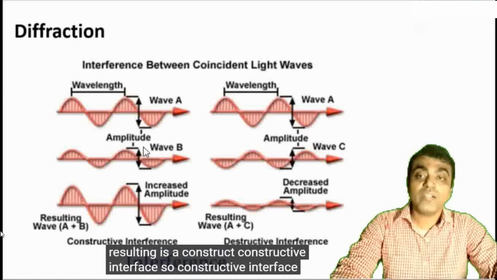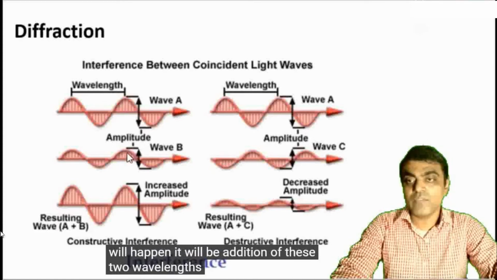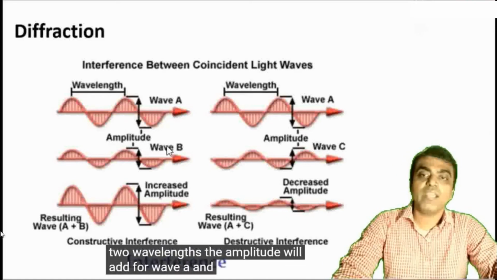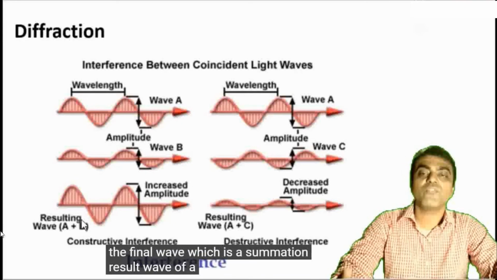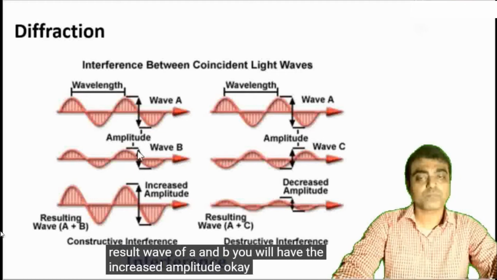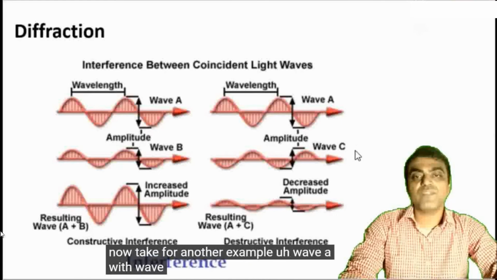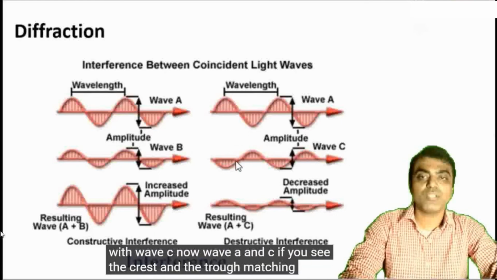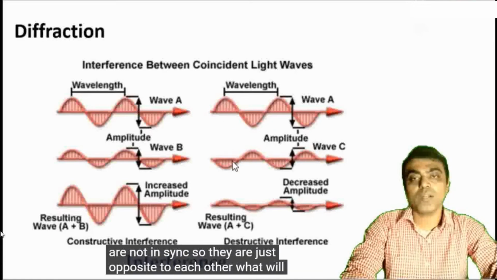Constructive interference will be the addition of these two waves. The amplitudes add for waves A and B, and the final wave, the summation result of A and B, will have an increased amplitude. Now take another example, wave A with wave C. If you see the crest and the trough, they are not in sync. They are just opposite to each other. What will happen?